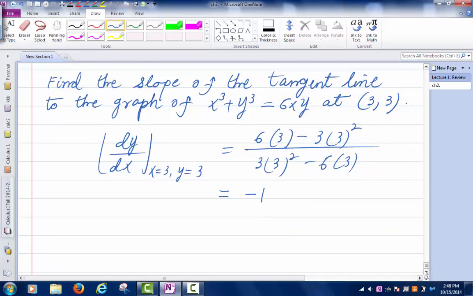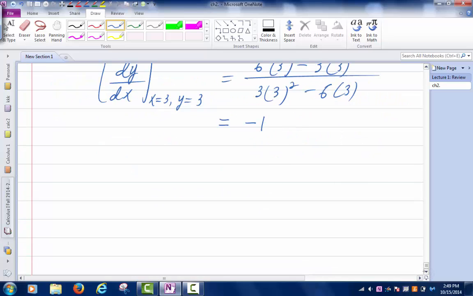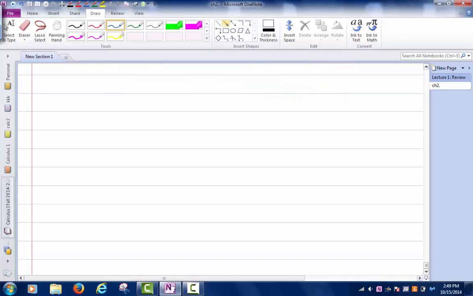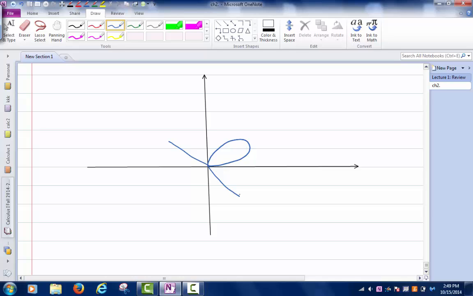We don't have much time left, but let me show you the graph of this equation and the location of the point 3, 3. You don't have to know the graph of these equations to solve these problems, but let me show you how the graph looks. With my limited graph drawing skills, that's how the graph looks, okay?